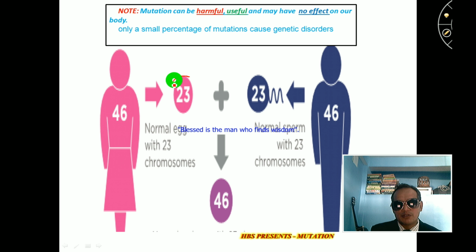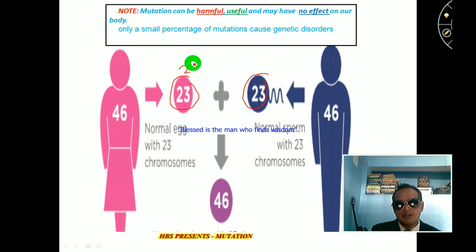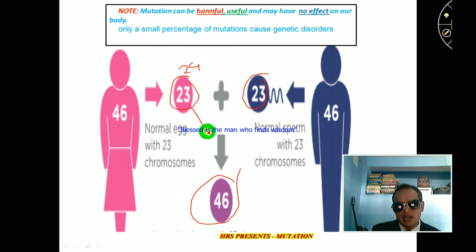Now these are the gametes produced by the mother, and this is produced by the father, and every gamete cell has 23 chromosomes. Suppose some change occurs during gamete formation in the mother, and she develops, let's say, 24 chromosomes in the gamete instead of 23, then this child will have one extra chromosome. So 24 comes from here, and 23 comes from here, so it becomes 47, one extra.